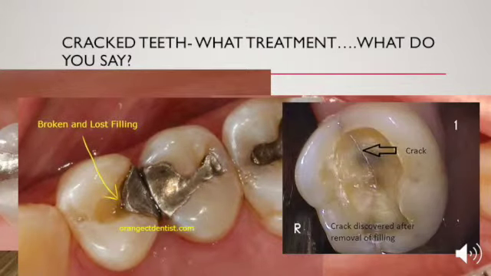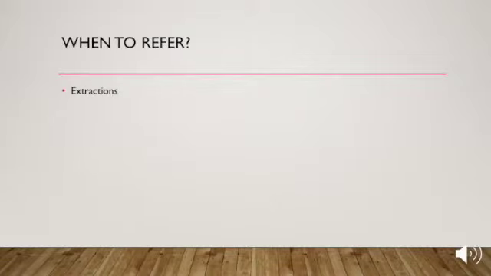What do you do in cases of a crack discovered after the removal of a filling? You should role play with your associate to help them understand exactly how you frame it and how you discuss it with the patient so that they accept the best treatment for what the senior doctors expect.